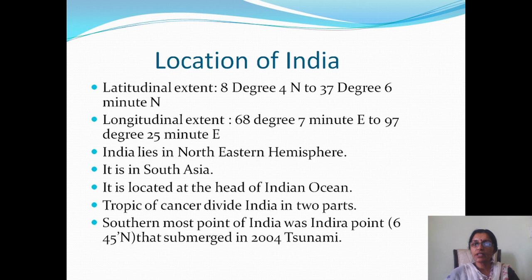Equator is 0 degree, but India starts from above equator, that is 8 degree 4 minute north to 37 degree 6 minute north. Longitudinal extent 68 degree 7 minute east to 97 degree 25 minute east. This was extension of mainland.